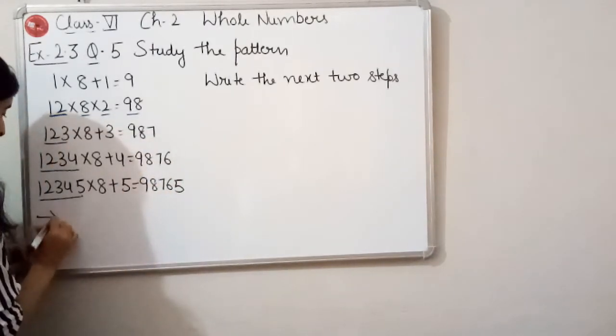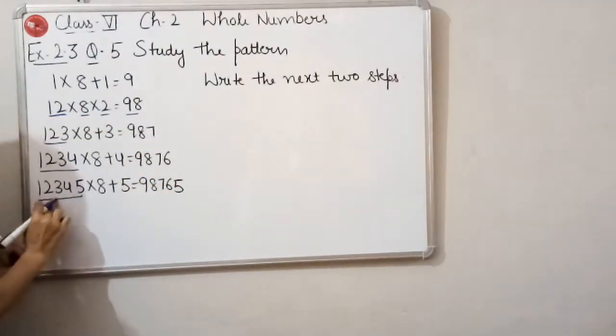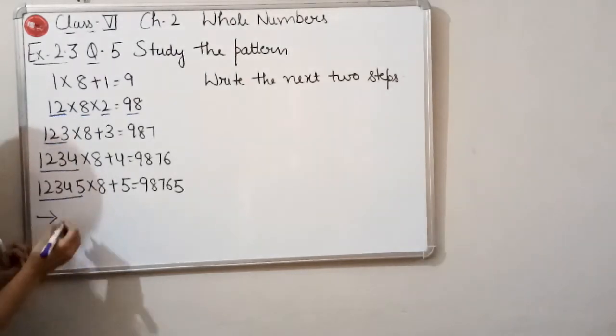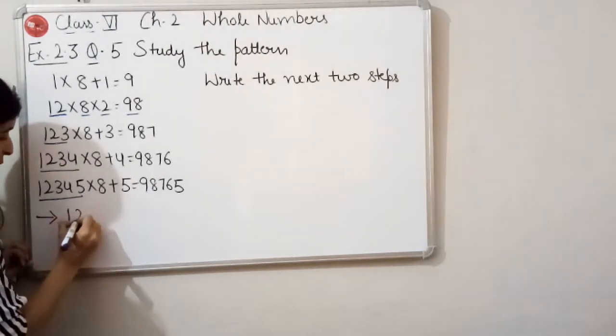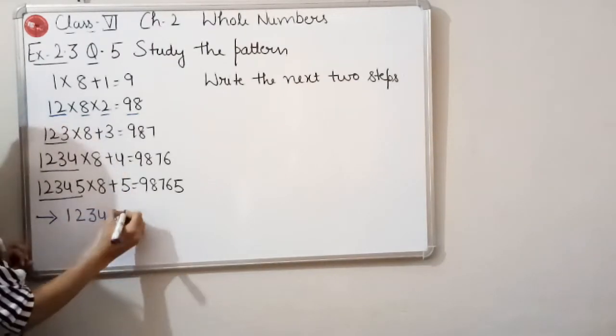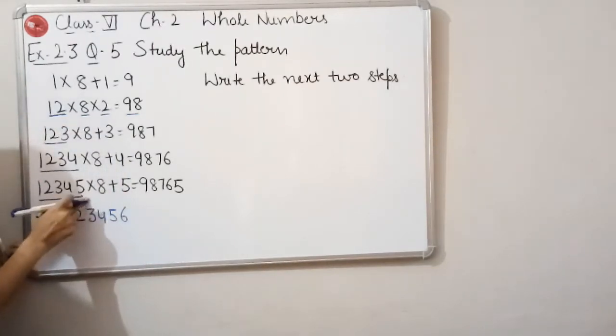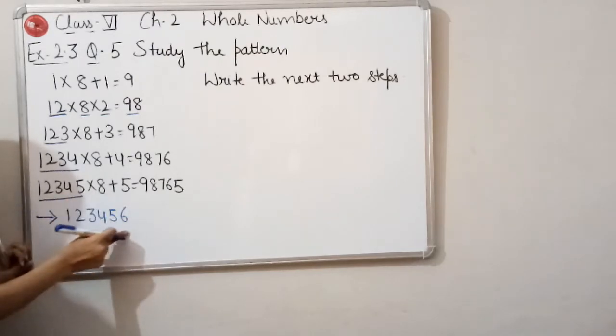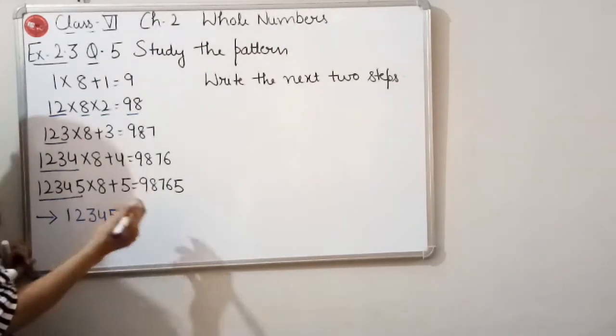So the next step will be, here it was 1 2 3 4 5. So what we have to write here? 1 2 3 4 5 and then 6, because here we have written till 5, so here we will write 6 also in the next step.